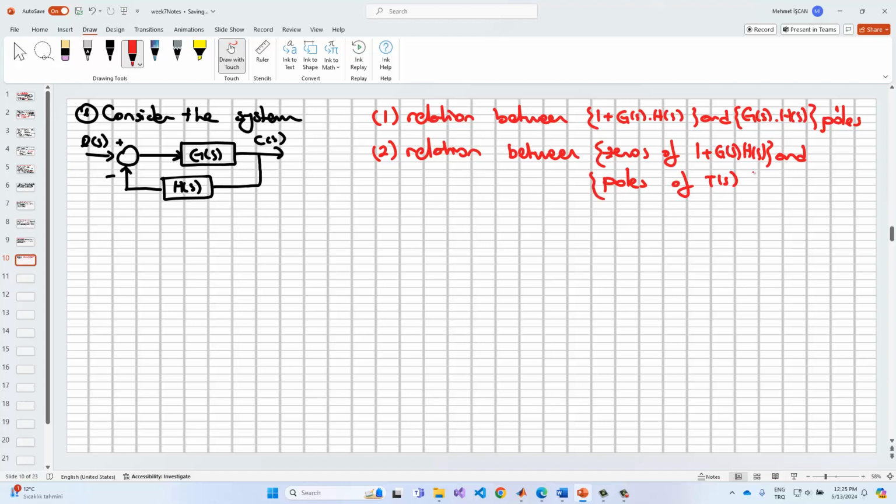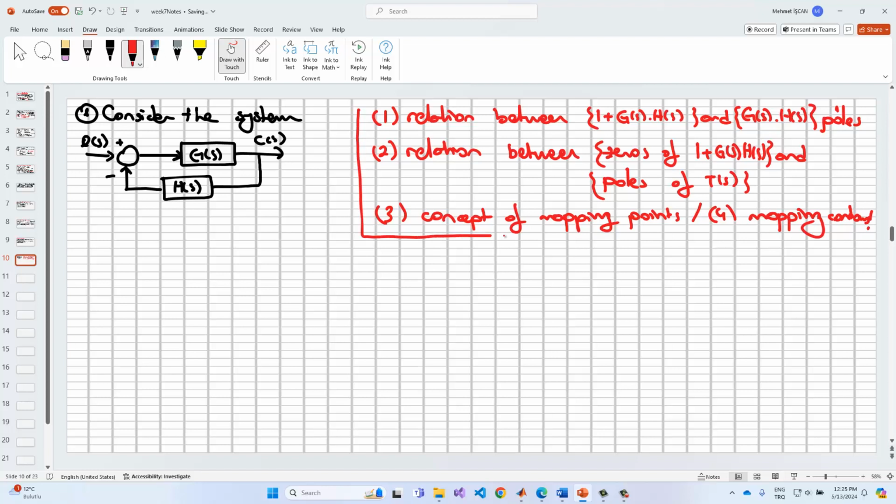This is the closed loop transfer function poles, okay? And in the third case, we need to talk about the concept of mapping points. And also, in the fourth place, we need to talk about the mapping contours. These are the four topics that should be discussed in this lesson.